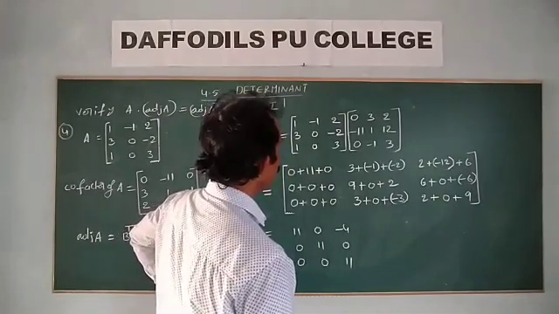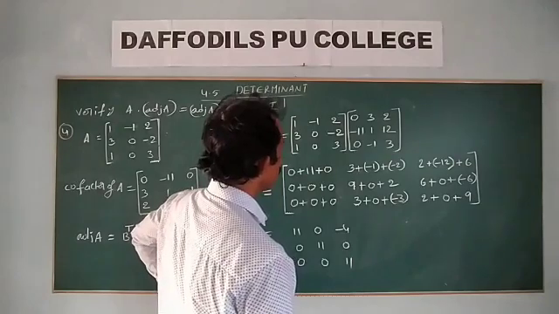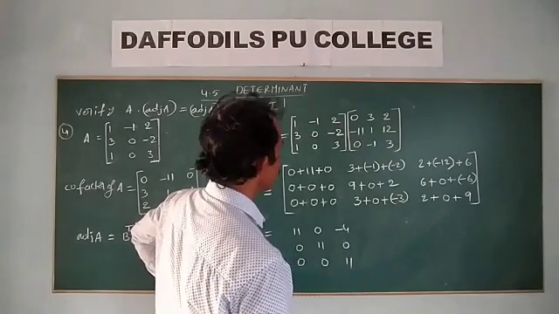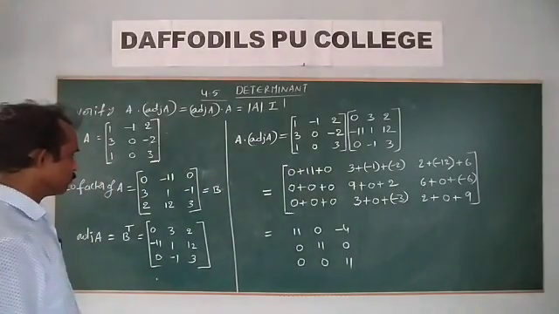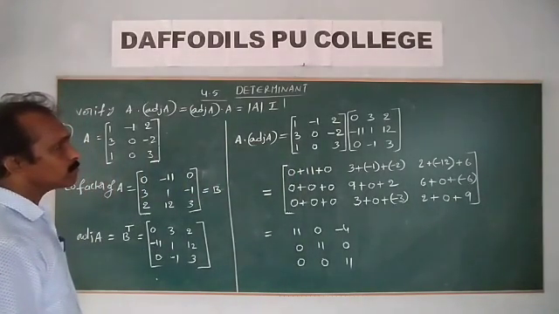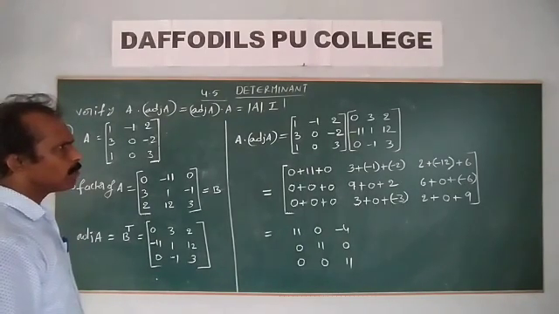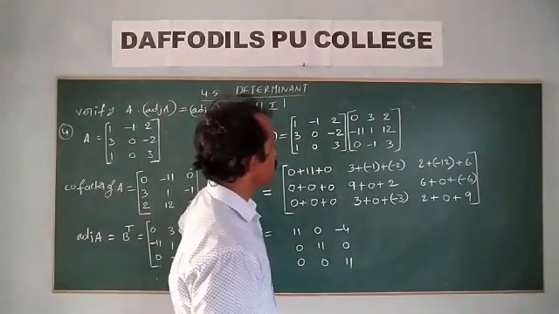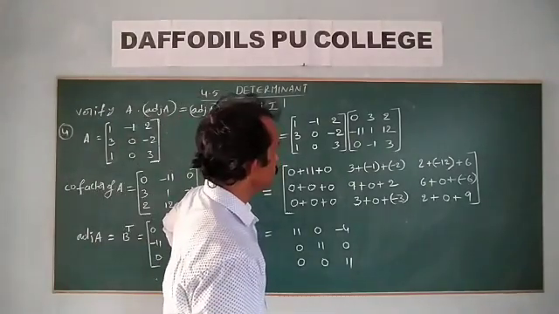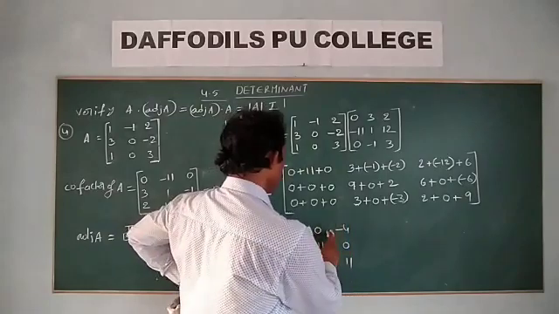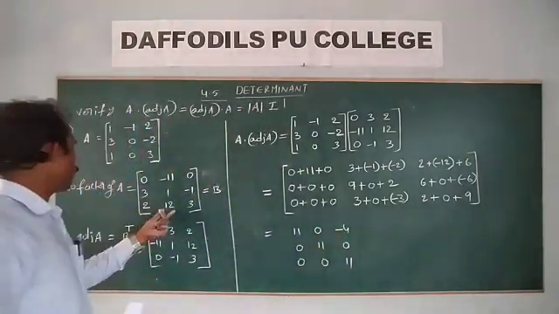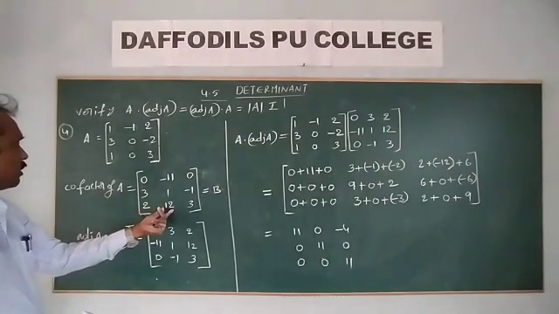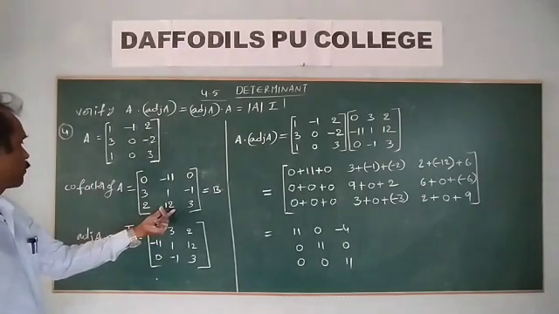1 into 2, 2, minus 1 into 12, minus 12, 2 threes are 6. So let's check once again this cofactor value 12 or not.